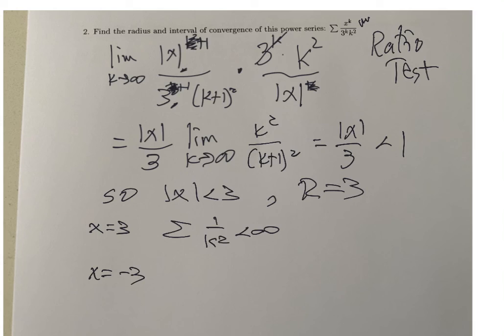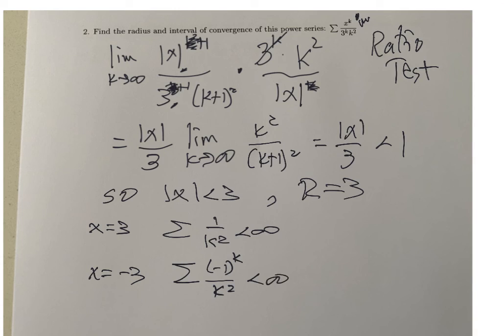At -3, if I plug -3 in up here for x, -3 to the k divided by 3 to the k is -1 to the k. So we get -1 to the k over k squared. That's an alternating p-series. And it converges, since the regular p-series converges, the alternating one does too.